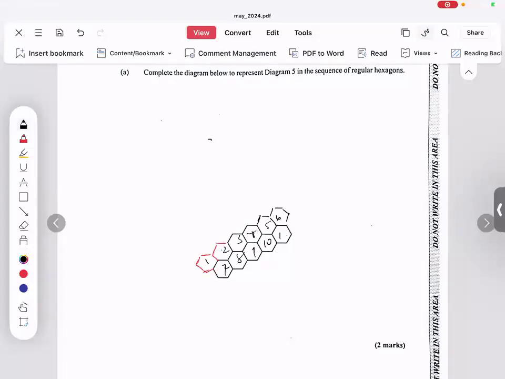Let me look at another one here. 1, 2, 3, 4, 5. Oh, so you see that one we drew right here, I don't think this one is supposed to be here. So 5 at the bottom, 1, 2, 3, 4, 5 at the top. All right, I guess you're supposed to have 1 down here.